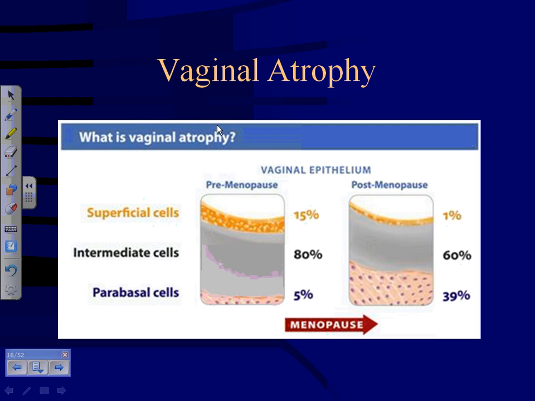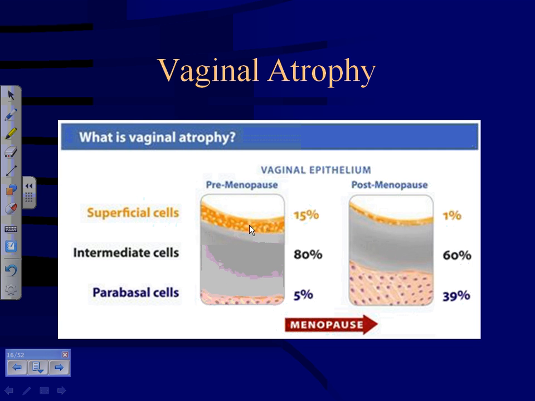Here's an example of one showing you a patient. This is premenopause, this is postmenopause, and this is dividing the squamous layers into superficial, intermediate, and parabasals. And what you see here, if you remember from your maturation, you got exposed to the maturation indexes in hormonal cytology, right? Well, you looked at what an atrophic smear looked like. So this is just showing you what it looks like on histology. You've got the parabasal and basal cells down at the base, usually only 1 or 2 layers.